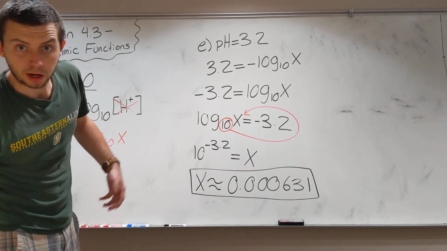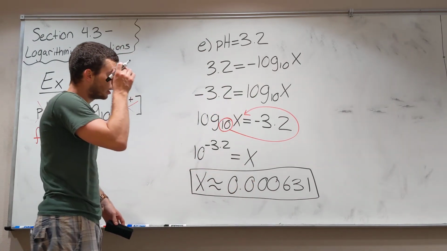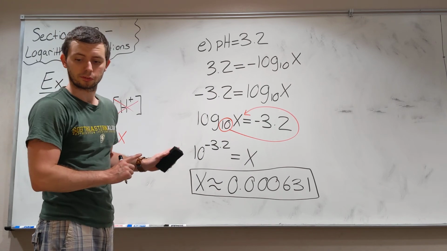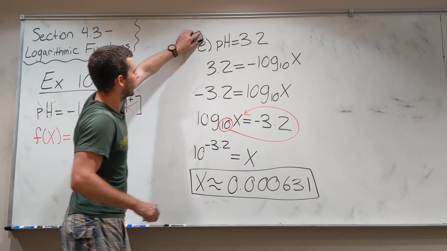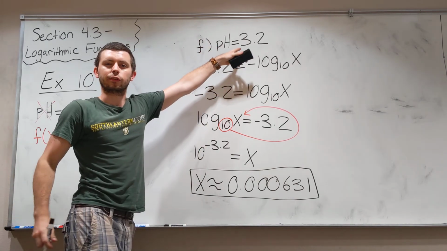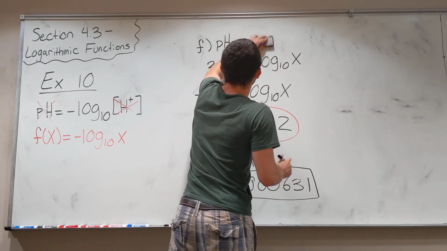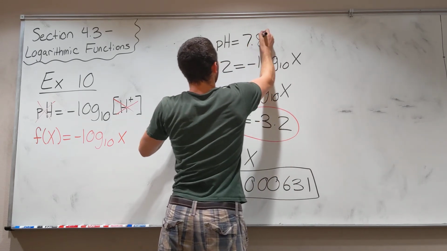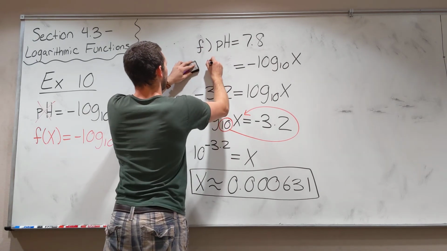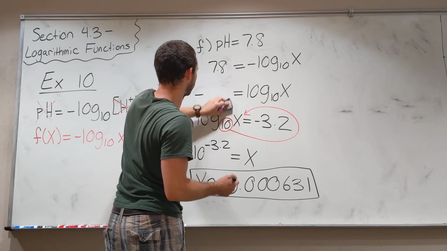And part F is going to be fairly similar. In fact, part F is so similar, I'm going to leave a lot of this here. So part F does is simply change 3.2 to 7.8. It follows the same exact idea, so every 3.2 that I see, and you can derive all this yourself if you'd like.